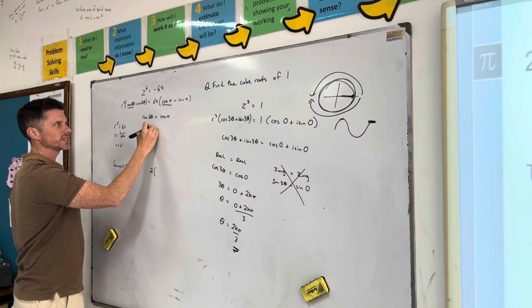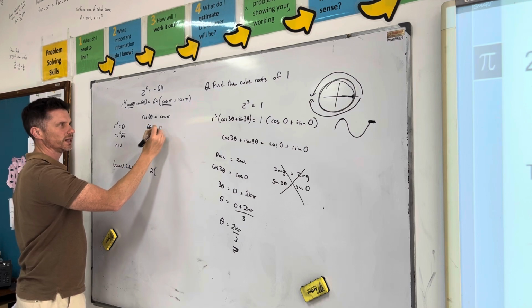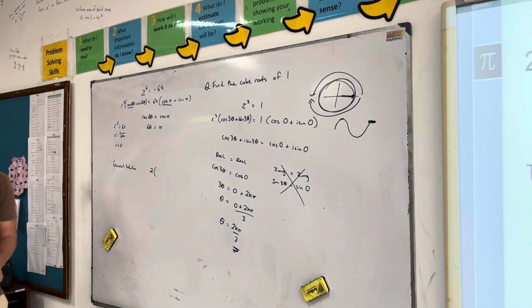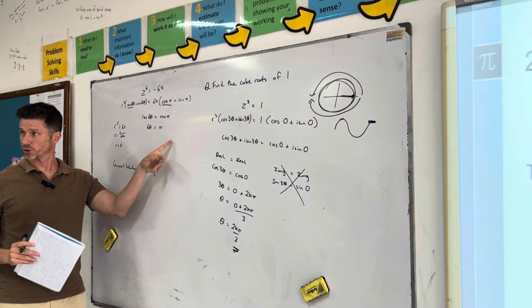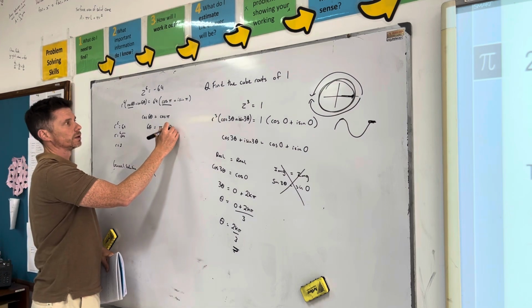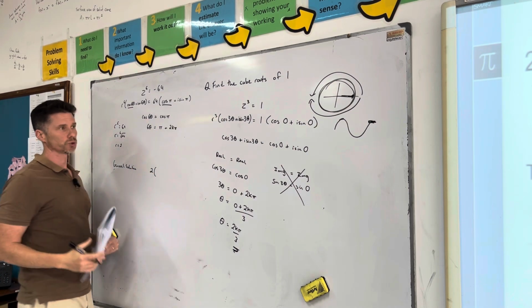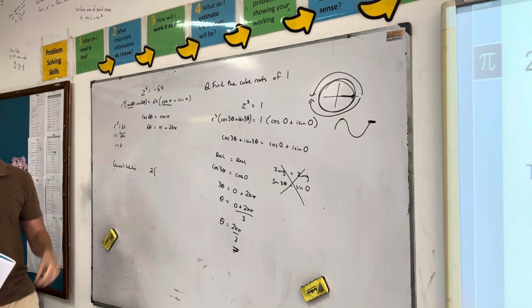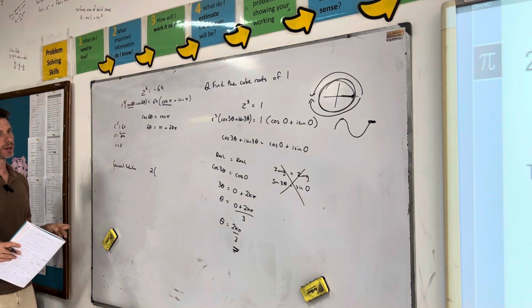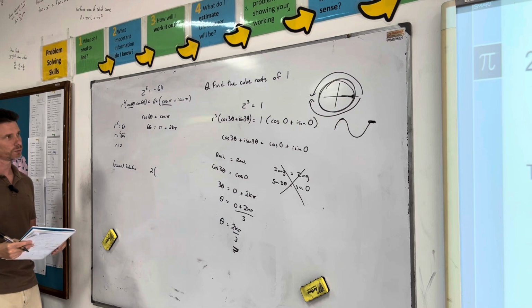So we could say 6 theta is equal to pi plus 2k pi, so it'll hit it every time around. That was the cos bit. That's why we picked cos and not sine, because sine gives too many.